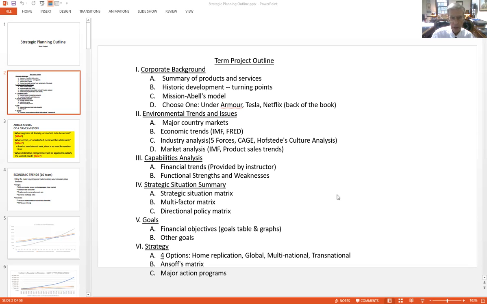Next, we need to identify standards for success, goals. What are our financial objectives? What are our other goals for performance other than financial?